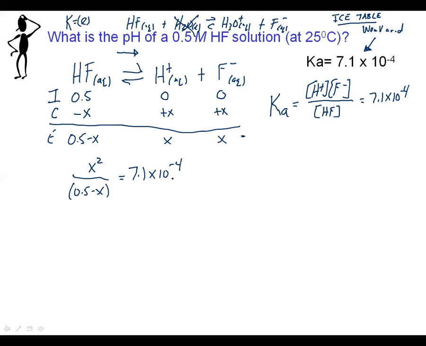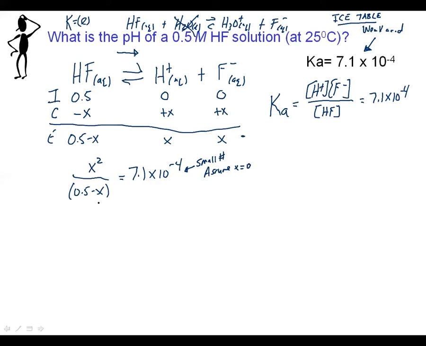Now, just like we did in the equilibrium chapter, when we look at this number here, this is a small number. Remember that when you're doing equilibrium problems, if you come across something that is small, you can try an assumption, right? You can assume that x is equal to 0. And that is what I'm going to do here and give it a try.